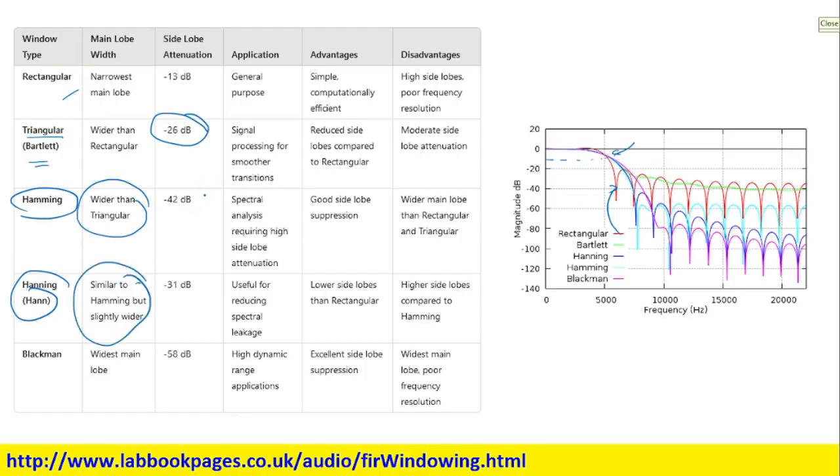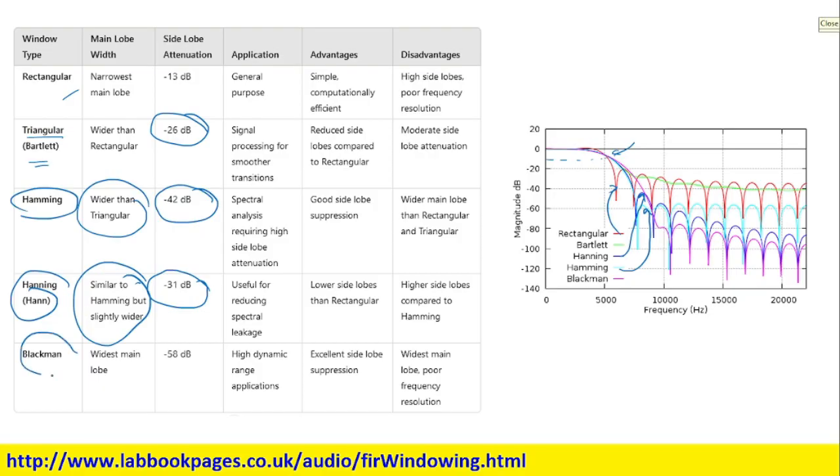However, the side lobe attenuation is minus 42 dB for Hamming and minus 31 dB for Hanning, which is far better than the triangular window. Hanning is the dark fluorescent blue, and Hamming is the cyan, so you can see it is quite lower.